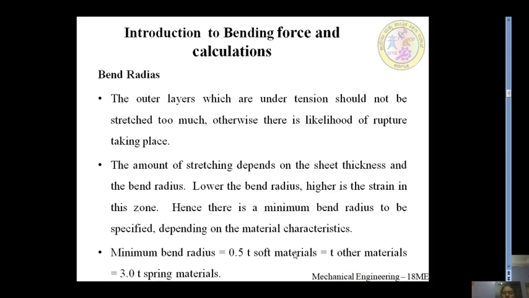The lower the bend radius, the higher the strain in this zone. Hence there is a minimum bend radius to be specified. Depending on the material characteristics, the minimum bend radius is 0.5 times the thickness for soft material, and for others it is 3 times the thickness.